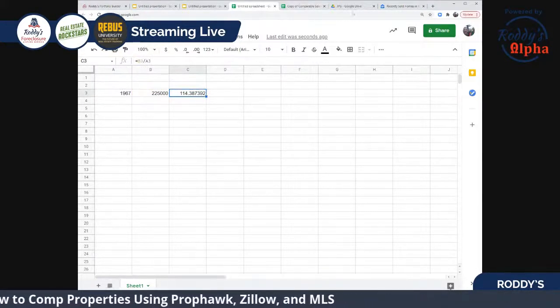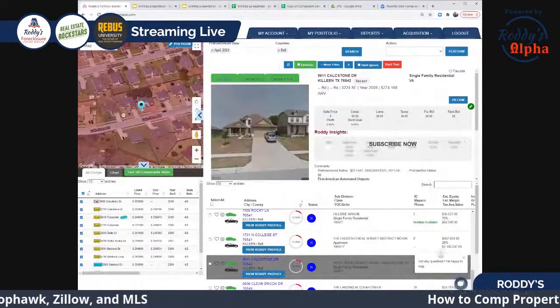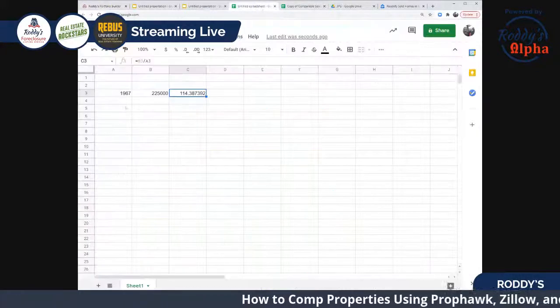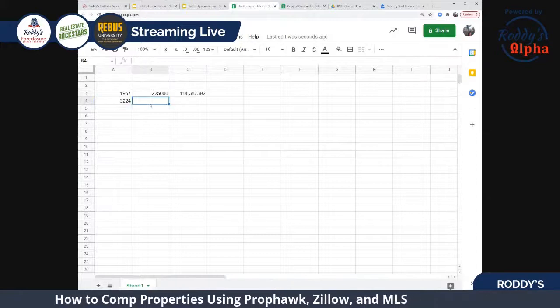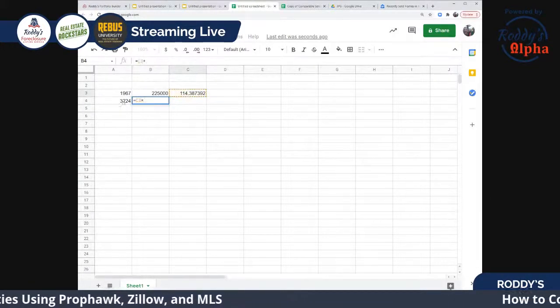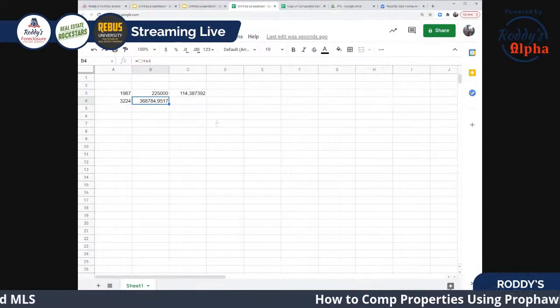I have seen tons and tons of real estate agents do this. They say, okay, 3224 square feet, that one was $114 a square foot, let's just multiply that. And they would come up with a comp value of $368,000.